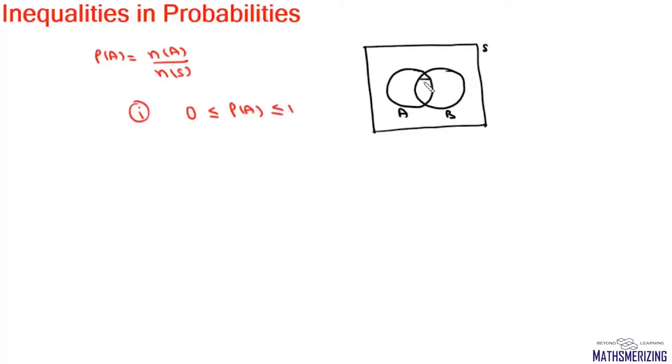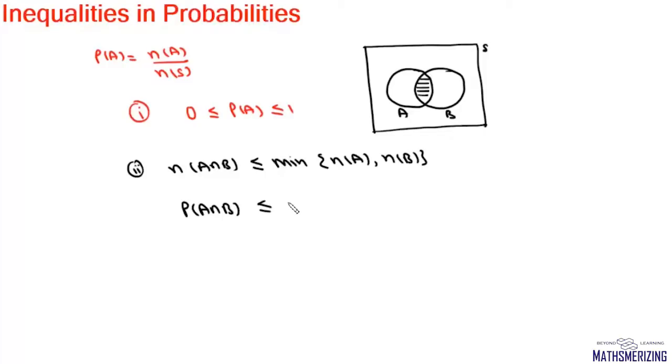Now, if we look at this region, A intersection B, we know that the number of elements in A intersection B will always be less than or equal to A and less than or equal to B. So it will always be less than or equal to the minimum of whichever is smaller, either N(A) or N(B), and subsequently we can write probability of A intersection B will be less than or equal to minimum of probability of A and probability of B.